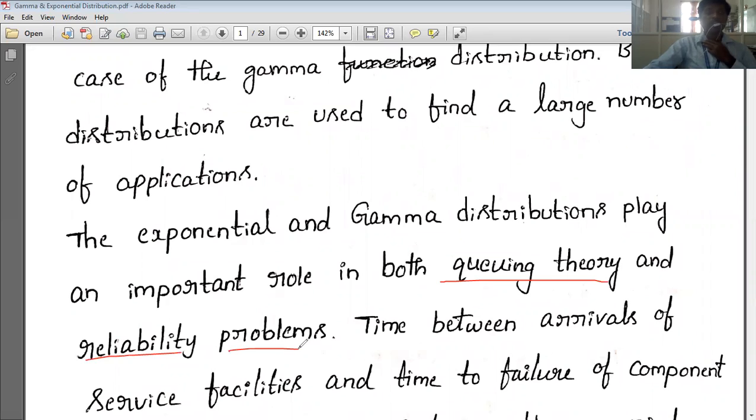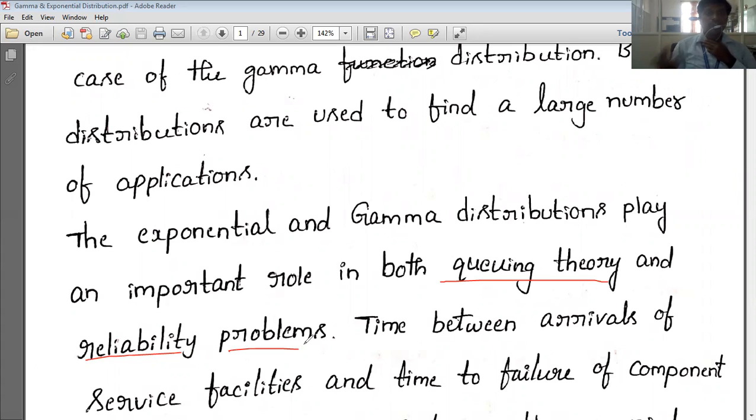In that case, we consider the time between arrivals at service facilities. In queuing theory, we discuss service providing as well as arrival time. If you take a railway station, it has counters for providing tickets, giving inquiries, and help desk.